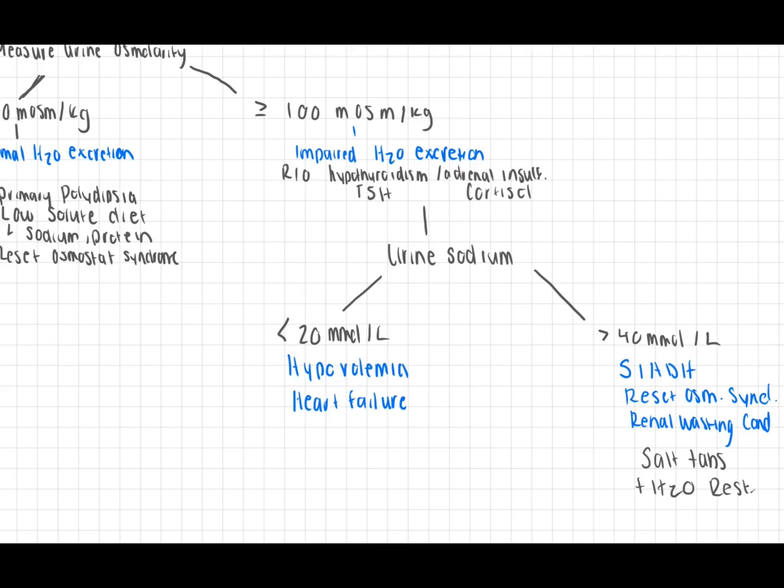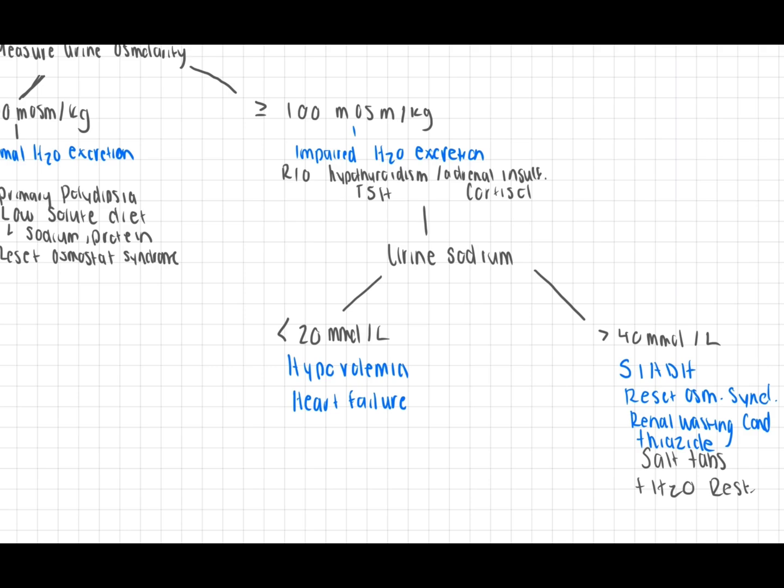It can also occur, another point to make, is with thiazide diuretics. So it almost never happens with loop diuretics, but with thiazide diuretics it could happen because it interferes with the urine dilution ability. So that's another thing to think about when you have an elevated urine sodium.